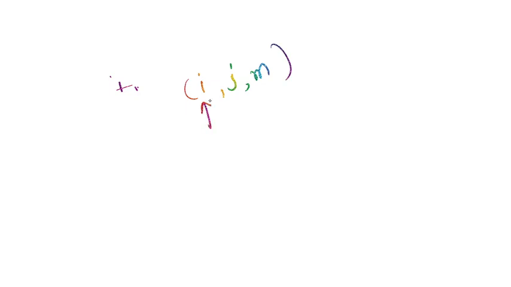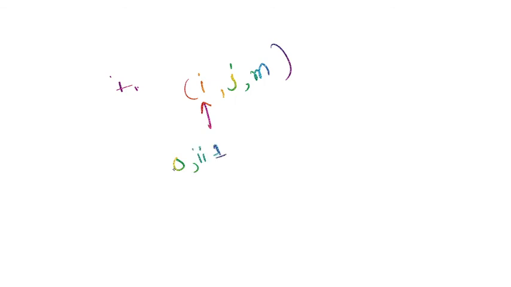So what did we do? We are passing i, j, m, right? i is denoting we have already used elements from 0 to i minus 1.